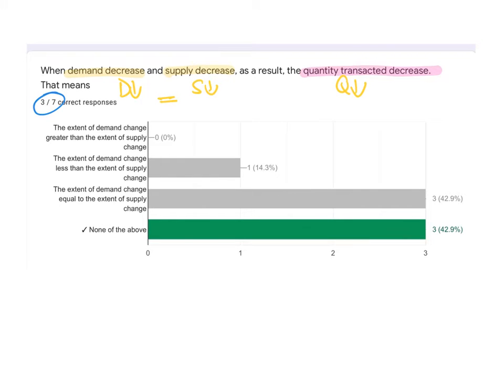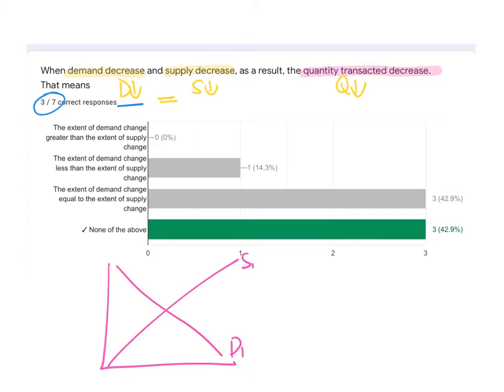Okay, so in this case we have to draw a diagram to check. So we draw a diagram with D1 and S1. Then because it says that the demand decreases, we intend to shift it. No matter a narrow or bigger gap, we just try it, because we don't know at this moment whether it is narrow or bigger.